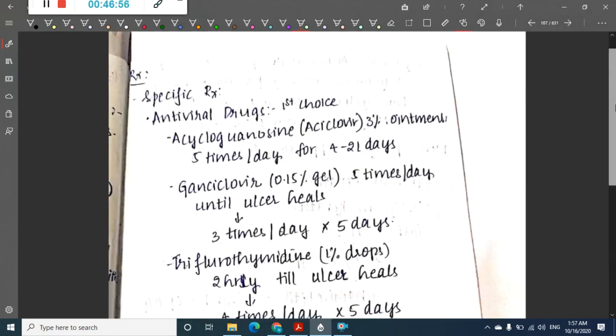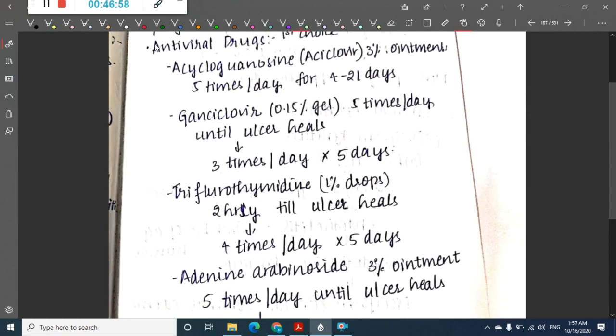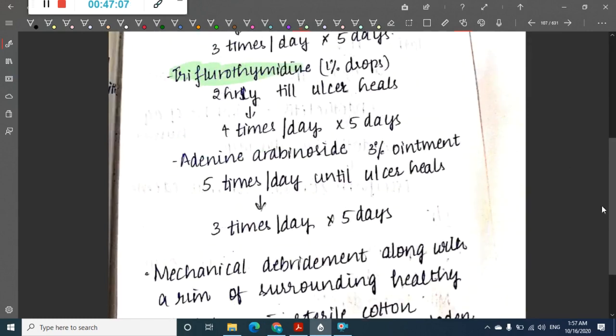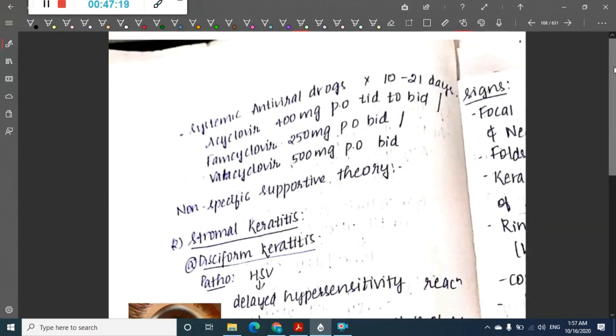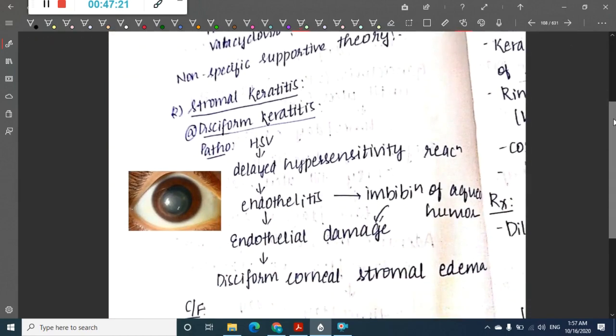Then for specific treatment of epithelial keratitis, we should give antiviral drugs. You can give acyclovir or ganciclovir, or trifluridine can be given, adenine arabinoside can be given, and you can also do mechanical debridement using sterile cotton buds. Then you can give systemic antiviral drugs also.